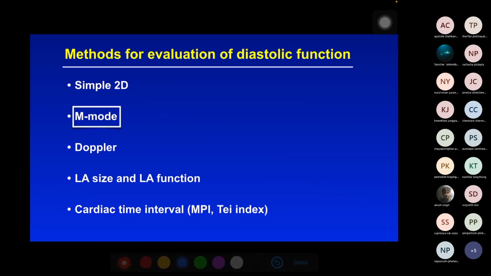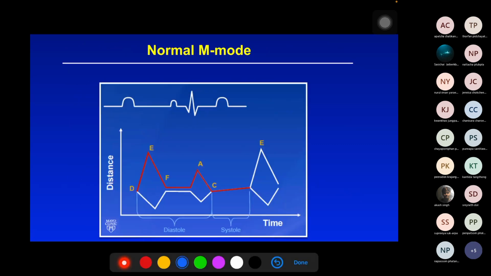Okay, the next one is the M mode. From the M mode, you cut the M mode by pressing at the level of the mitral valve. You might see it in this picture.